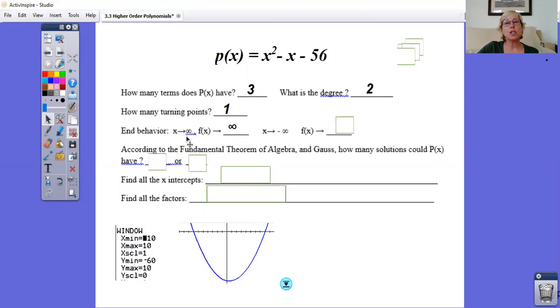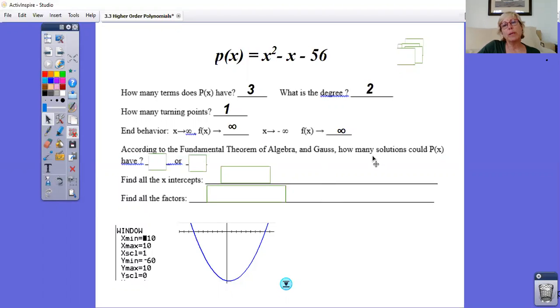So as x approaches infinity, f of x approaches infinity. This terminology over here means on the x-axis as you're going towards negative infinity. That means left end behavior. So if you're looking at the graph, the left side of the graph is going up to positive infinity also.